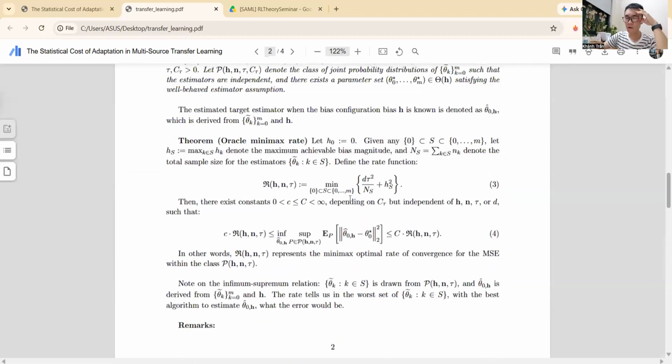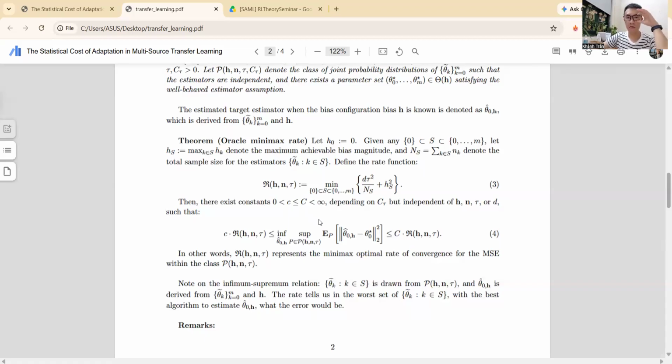Later they define the intrinsic cost of adaptation, which means, when the bias configuration is unknown, what could an algorithm achieve in comparison with when the bias configuration F is known. And we also specify when general adaptation is possible and when it's impossible.